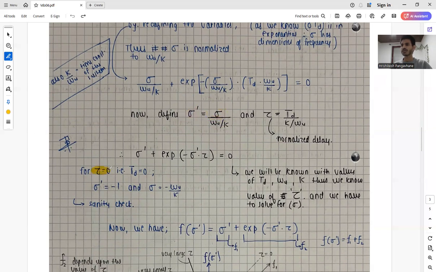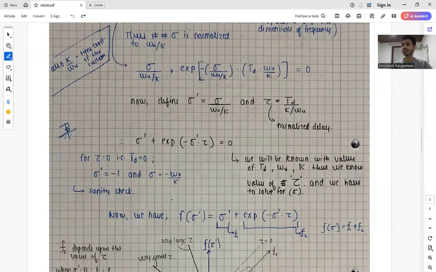For tau equals 0, meaning td equals 0, the ideal case where there is no time delay, sigma prime comes out to be -1, and thus sigma comes out to be -1 divided by k by omega u, basically minus omega u by k. So this gives us the sanity check.